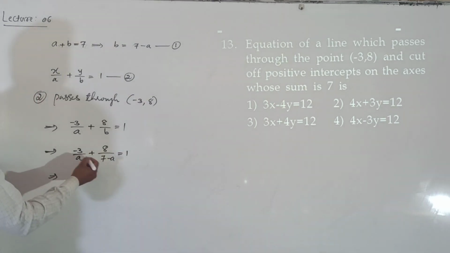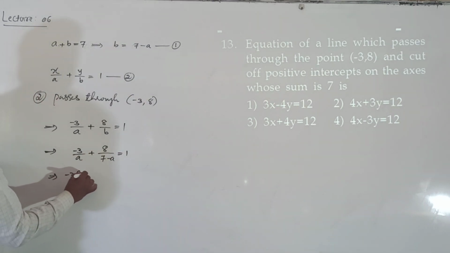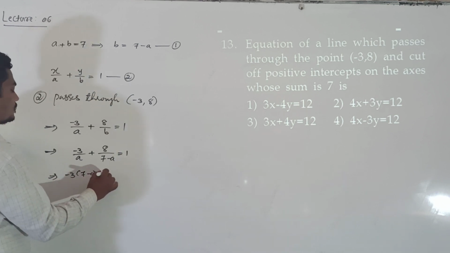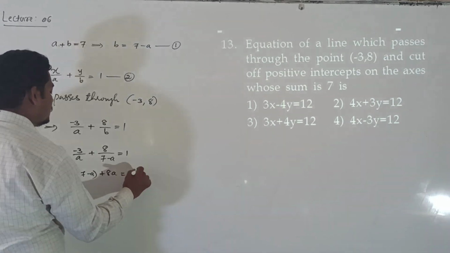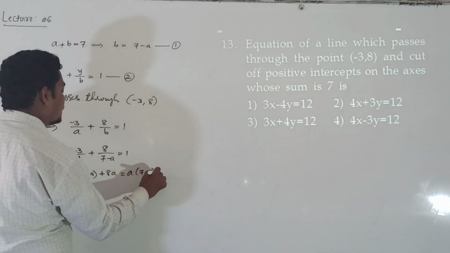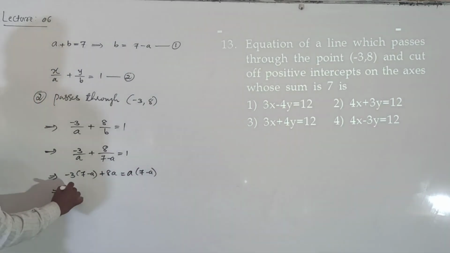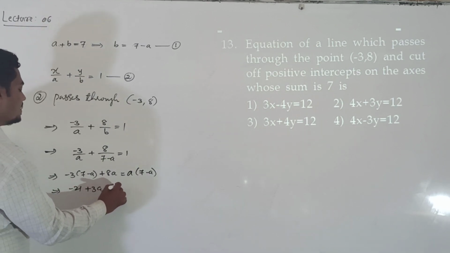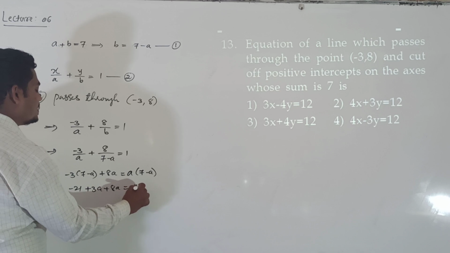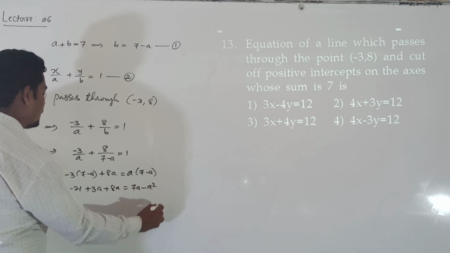Just taking LCM, minus 3 into 7 minus a plus 8a, that's equal to product a into 7 minus a. Then just rearrangement: minus 21 plus 3a plus 8a, that's equal to 7a minus a square.